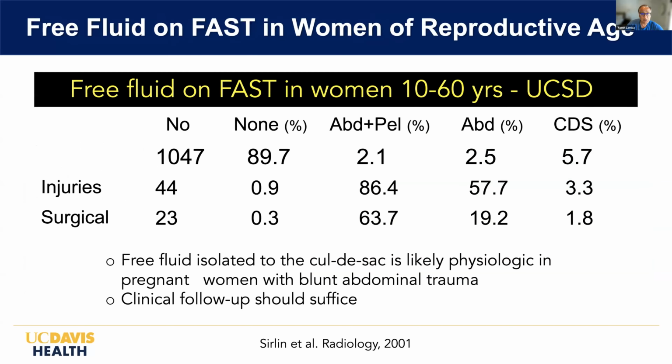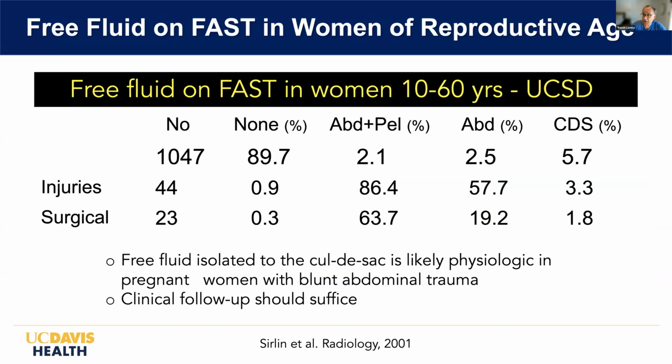I'm going to show an important study with respect to FAST scans that came out of UCSD in 2001. Still a pretty solid study. 1,047 patients, and they looked at free fluid in the cul-de-sac, free fluid in the abdomen, and free fluid in the abdomen and pelvis. And obviously, free fluid in the abdomen and pelvis had a high correlation with injuries in general, and a high correlation with surgical injuries, injuries that required the patient to go to the OR.